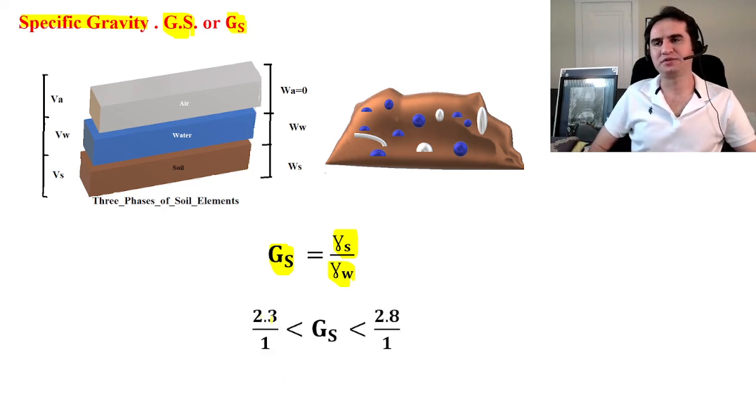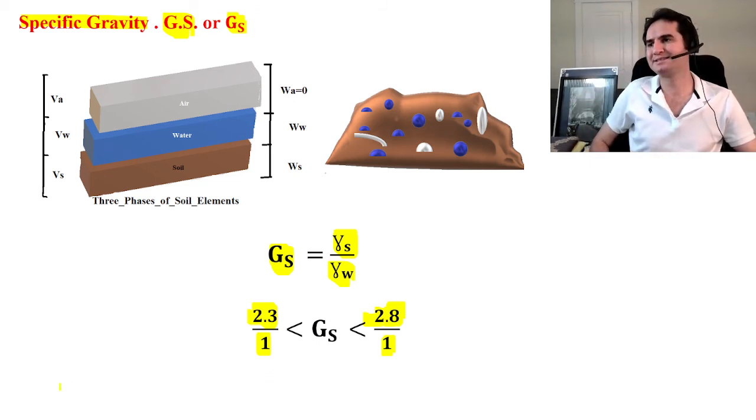If you remember from the previous slide, the unit weight of soil is 2.3 up to 2.8. If you divide it by the unit weight of water, over 1, we just have 2.3 to 2.8.